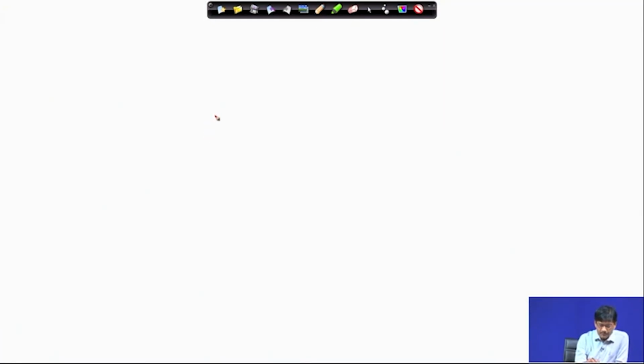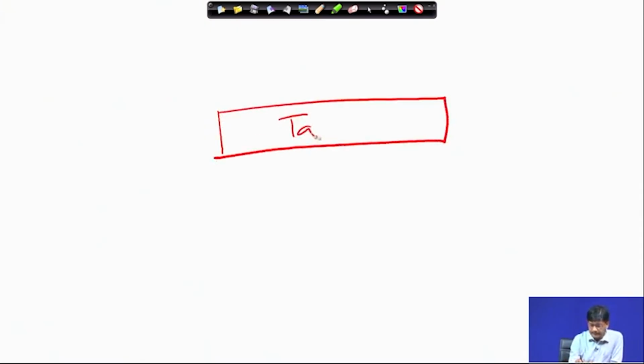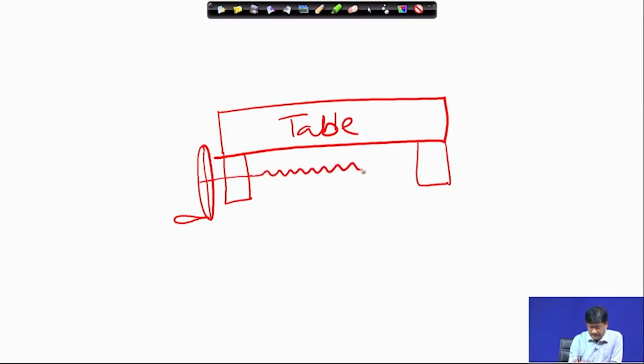It can be made possible if this is the table, something is sticking out here, and this is our handle, and this is a nut. Nut is fixed, say.